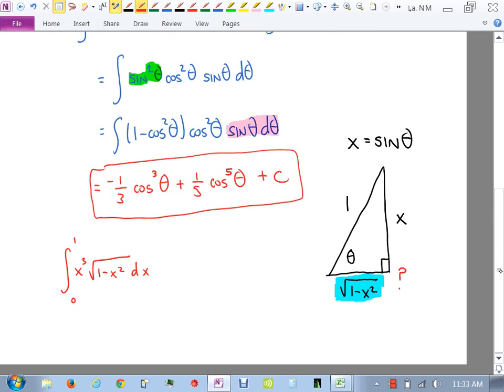All right, I'm out of room, but what I'm going to do is take that square root of 1 minus x squared right there. I'm going to replace both my cosines with it. Okay? Here we go, next page. So I have negative 1/3. It was the square root of 1 minus x squared, but to the third.